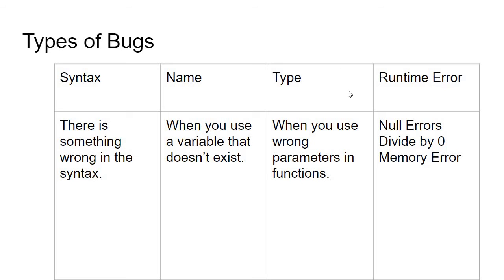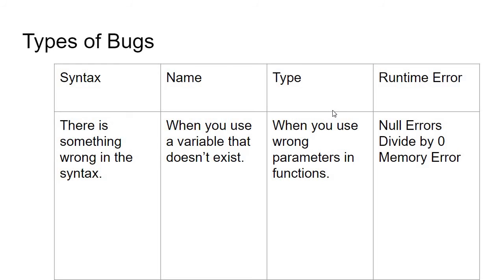This is like a syntax error, because if you saw in our print example, when we took out the quotation marks, it already gave us a syntax error. There's an error in your syntax, so that's also a type error. But basically, when you use some wrong parameters in functions or other kinds of things, then it's a type error.